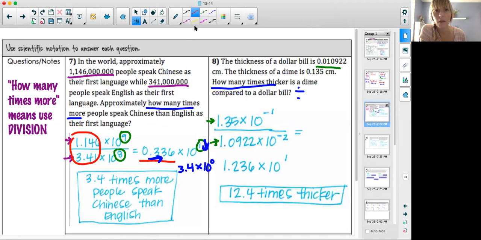Then what did I do? I divided these coefficients. I typed in my calculator 1.35 divided by 1.0922. And that's where that came from. A lot of people look at this and go, wait, Ms. McGowan, where did you get 1? Okay, take your brain back to 7th grade. I really did subtract these exponents.